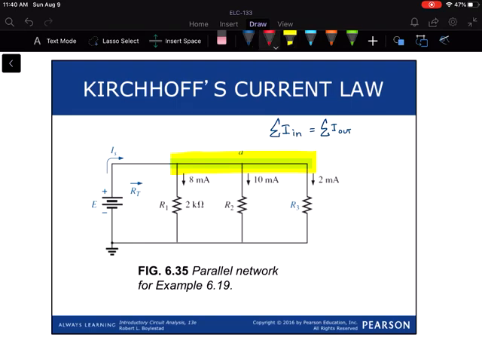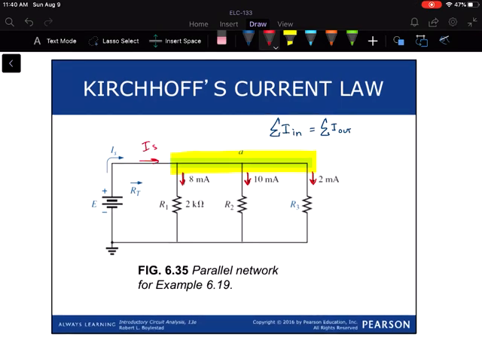We've got 8 amps leaving, 10 amps leaving, and 2 amps leaving. And then I sub S is the only thing that's coming in. So I sub S must equal 8 plus 10 plus 2, or 20 milliamps.